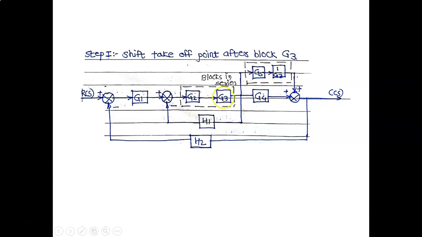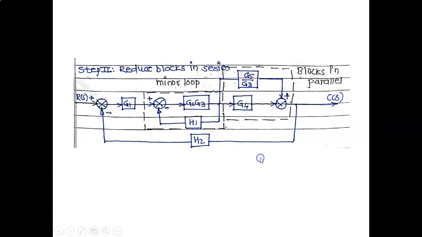Therefore for series blocks, these two blocks will get multiplied with each other. Similarly these two blocks will get multiplied with each other. Therefore the next step is G2 G3 and G5 upon G3.